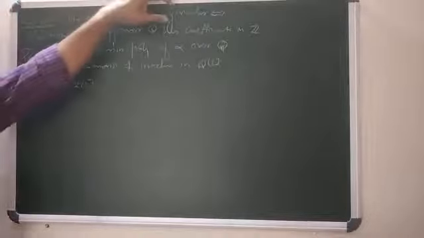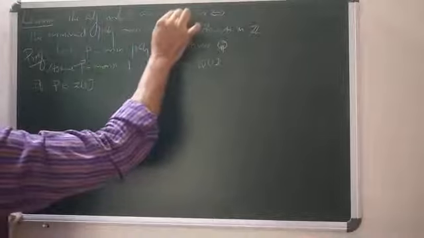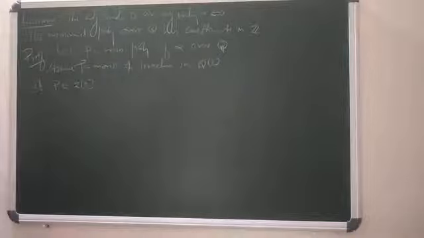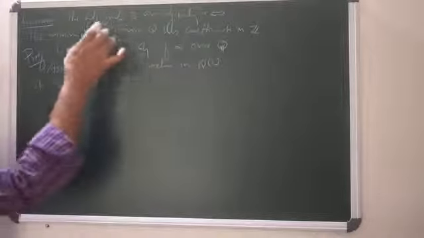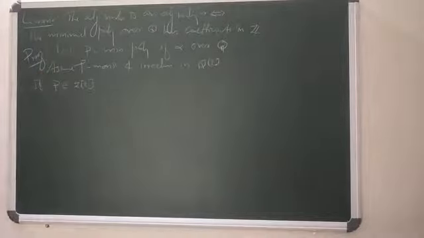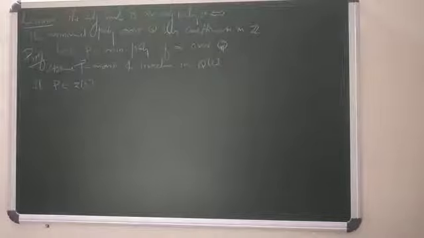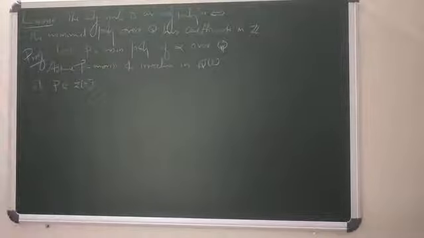The theorem states that an algebraic number is an algebraic integer if and only if the minimal polynomial over Q has coefficients in Z. So let P be the minimal polynomial of alpha over Q. Without loss of generality, we can assume that P is monic and irreducible in Q[T]. If P falls in Z[T], then alpha is an algebraic integer.